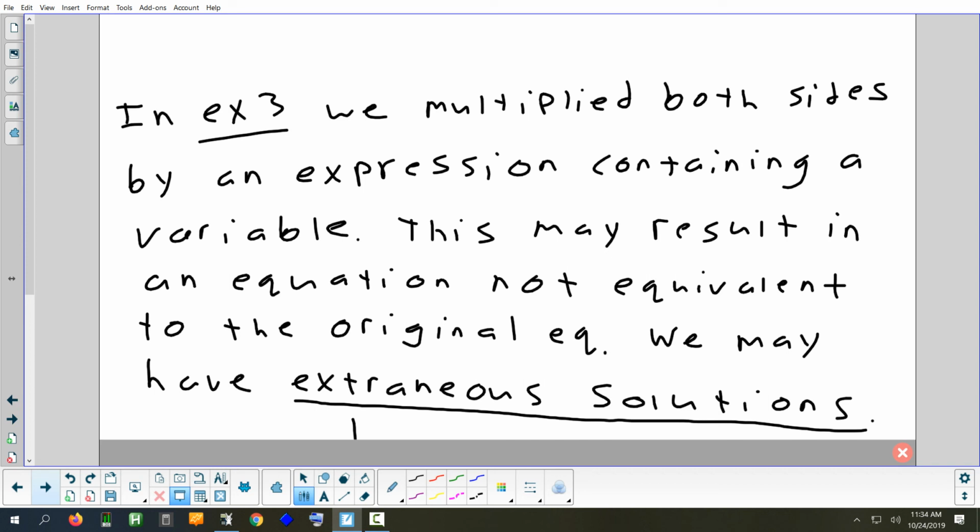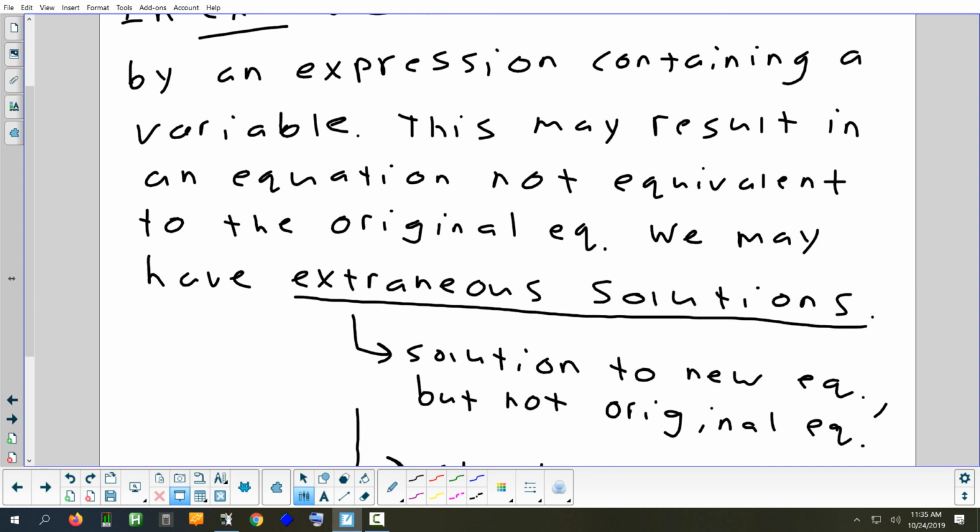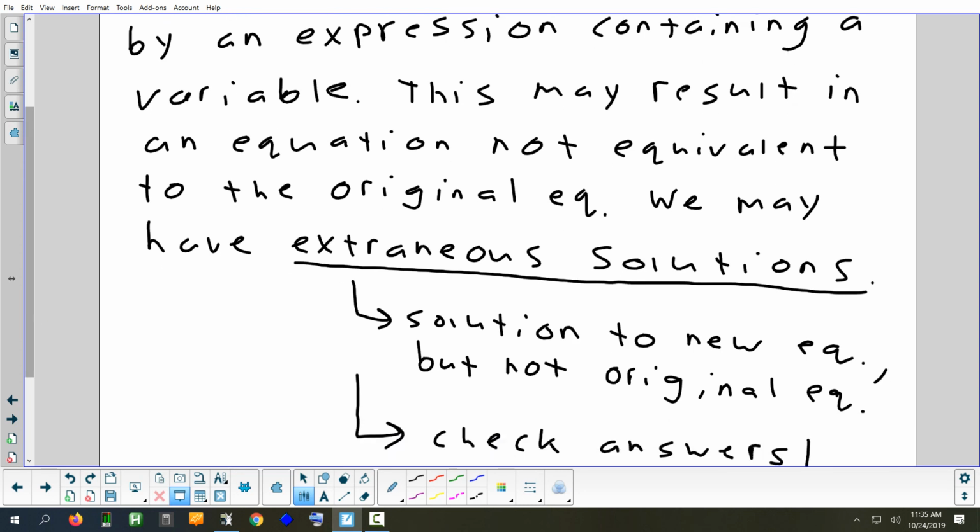Whenever you multiply by a variable, you can get an answer that shouldn't be there. That's called an extraneous solution. There's no way to avoid it. You just have to check your answer and make sure that whatever you found actually works.